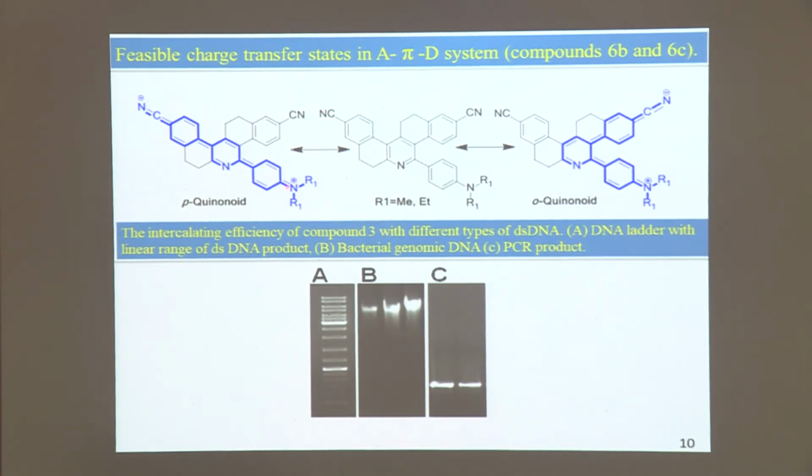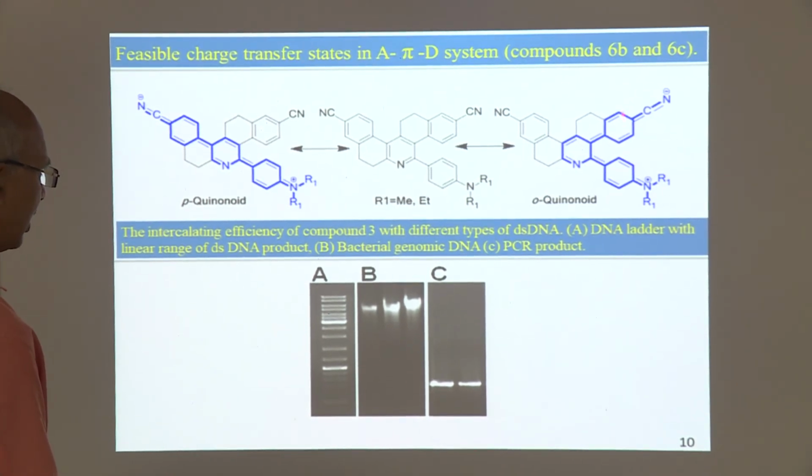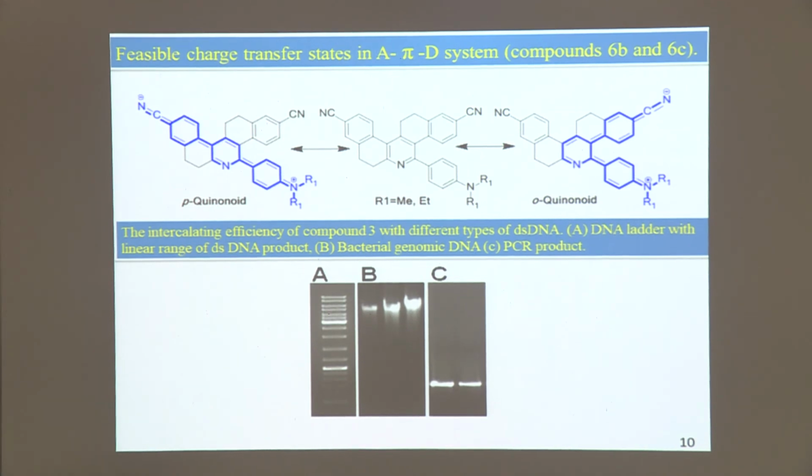So now it is becoming quinonoid. Here it is benzenoid, and here it is becoming quinonoid, and here also it is becoming quinonoid. So at a particular point of time, you will have this as the quinonoid structure or this as the quinonoid structure.